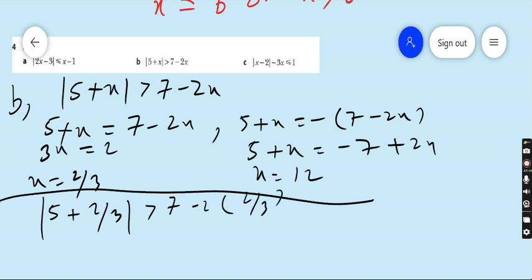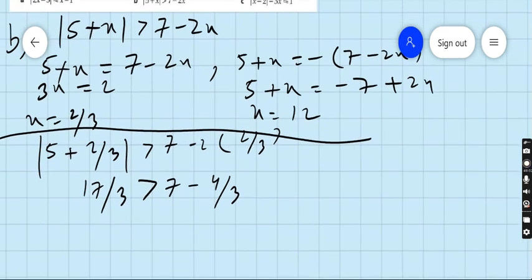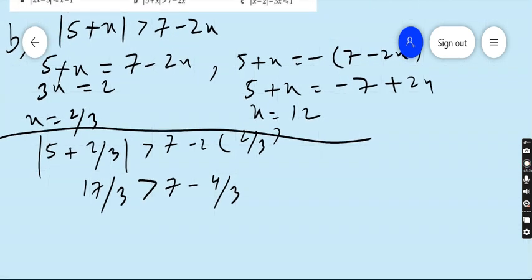So 3 5s are 15, 15 plus 2 is 17, 17 upon 3. 7 minus 2 2s are 4, 4 upon 3. So 17 upon 3, 3 7s are 21, 21 minus 4 is 17 upon 3.